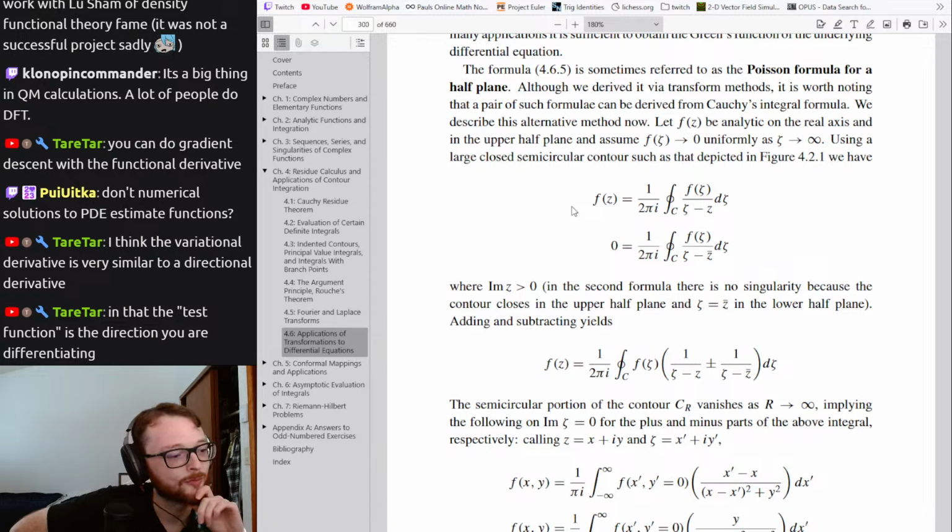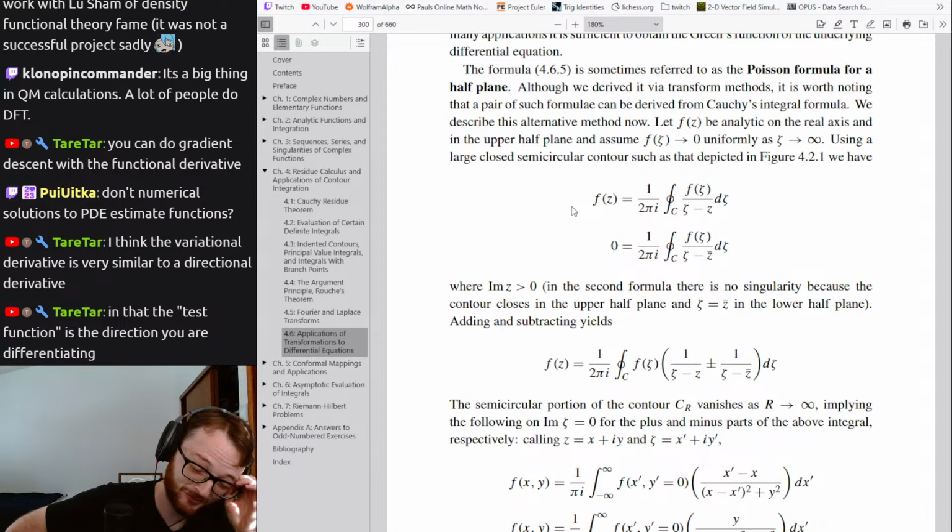No, the test function is the direction you are differentiating. Oh wait, I should read the other chat first. I think the variational derivative is very similar to a directional derivative, and that the test function is the direction you're differentiating. Ooh, okay. That's still weird, because I wouldn't think of functions as something that are ordered, I guess.